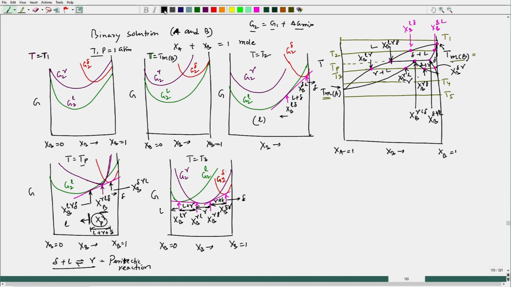Now, if I do it at T equal to T4, the free energy composition diagram, this is Xb, fine. Now, here we see that the liquid line will still exist. Liquid line would be here. Now, delta actually will vanish, because at T4 we do not have any delta region. So, at T4, the delta will move up, and the gamma will have its position here.